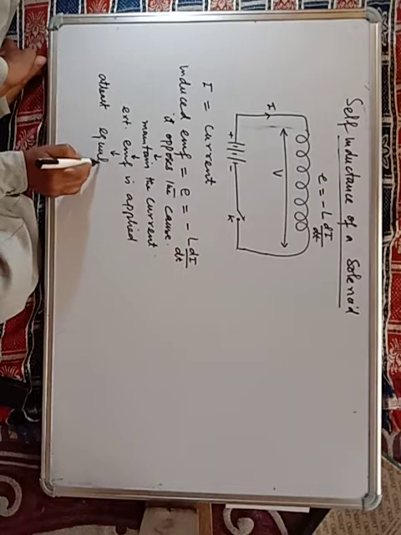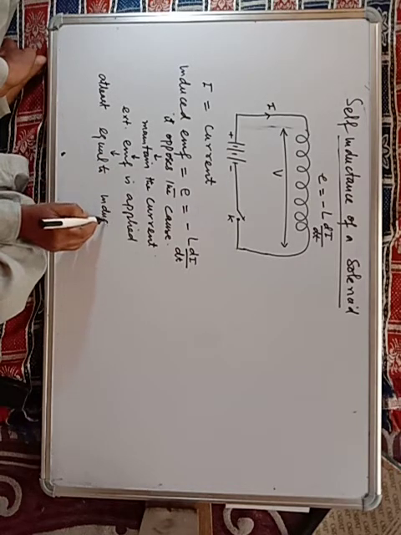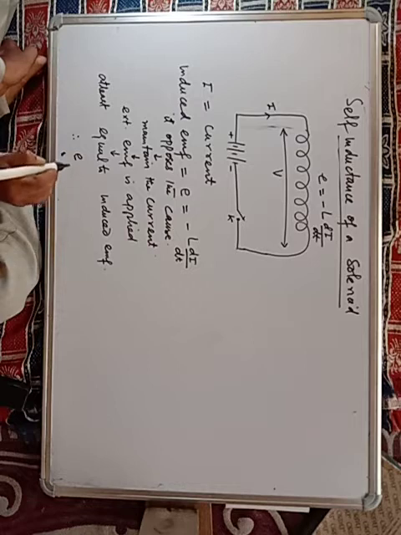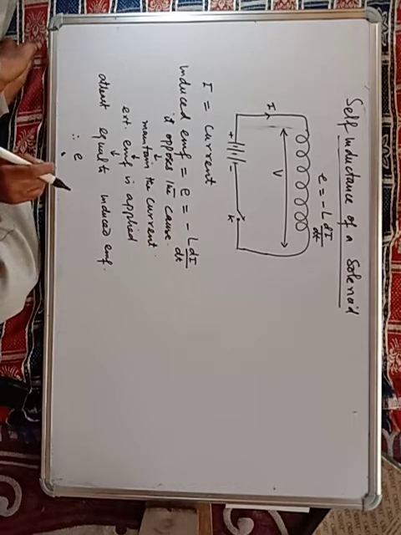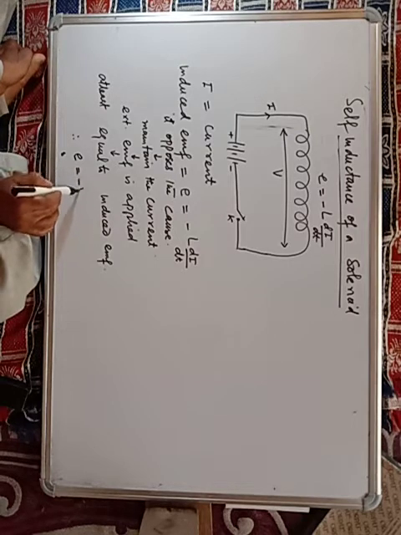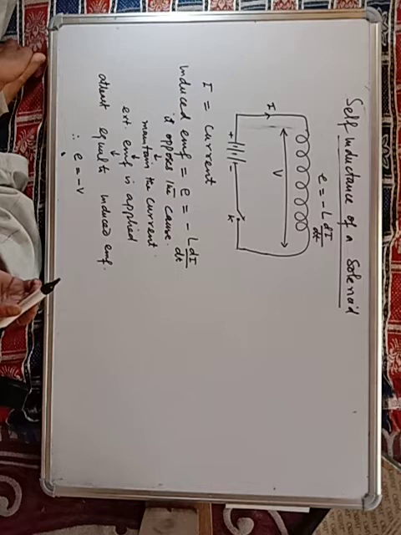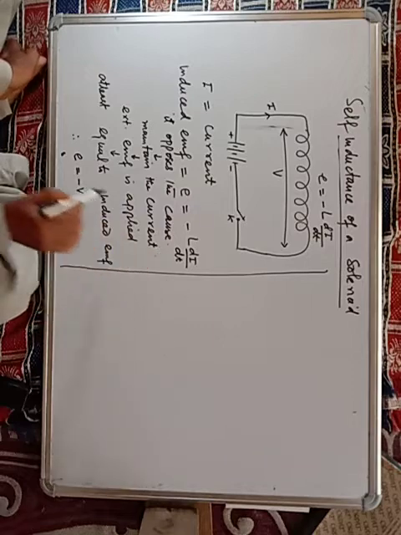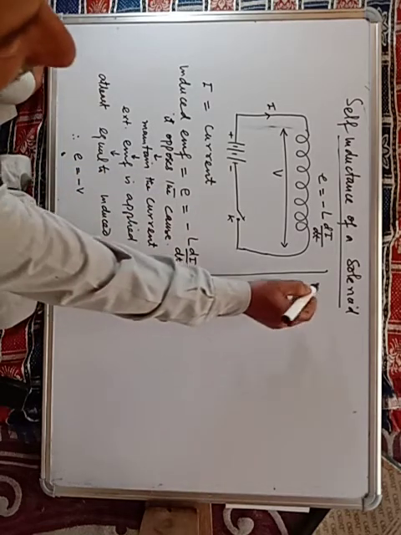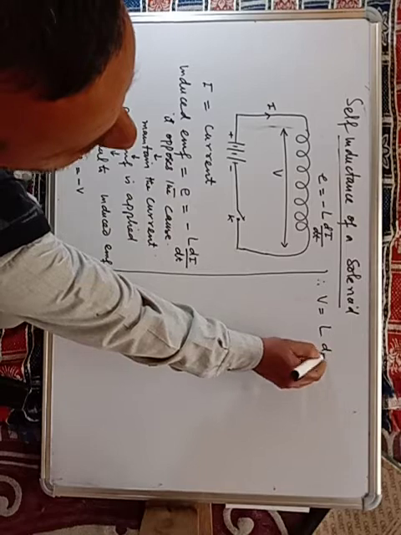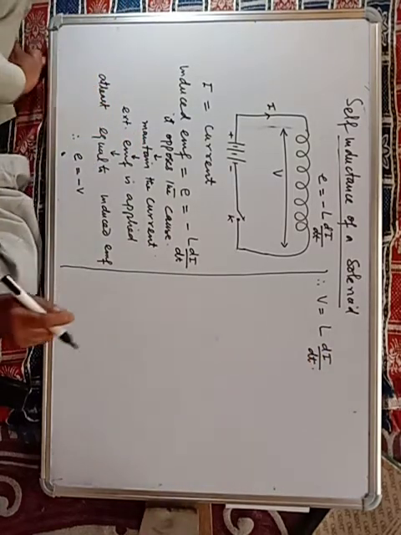So we can write here E is equal to minus V, where V is the applied EMF or potential difference. तो दोनों को यहाँ पे E के बदले में V डाल देंगे, so we will get here V is equal to L di divided by dt.